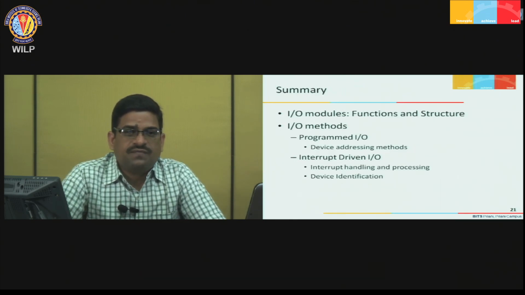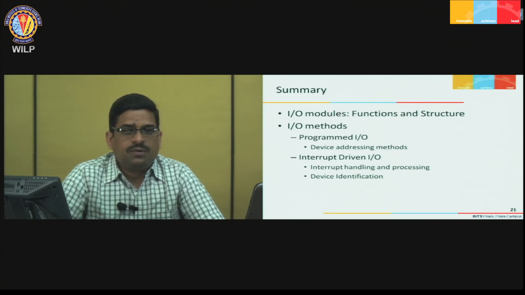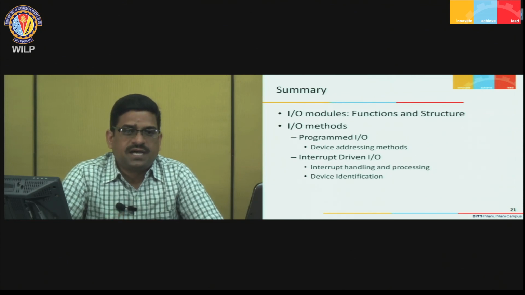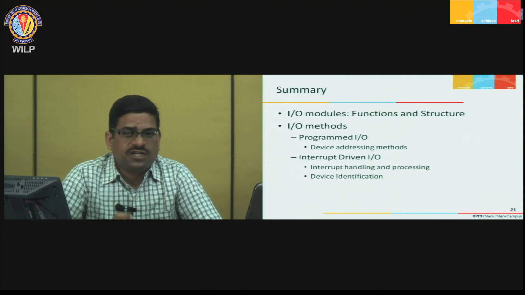So let's look at the summary of today's lecture. I talked about the I/O modules: how peripheral devices are connected to the processor, not with a direct connection but through an interface circuit called a module. What are the functions of this module? What is the structure of a module? What I/O methods are there?